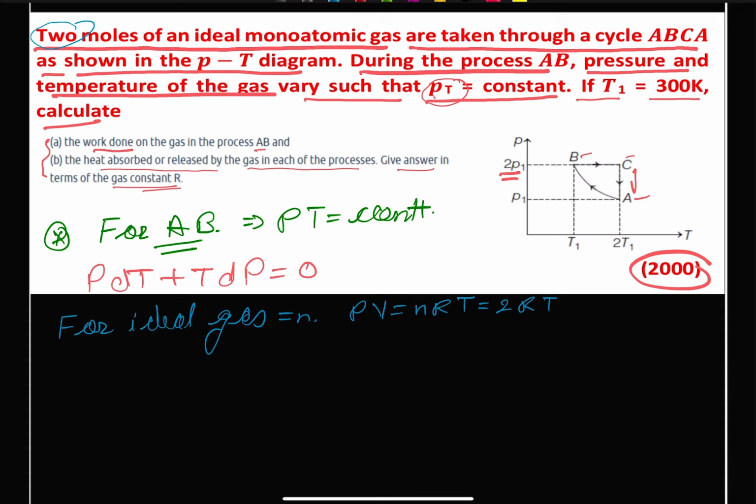Okay. And in terms of pressure we can write that P is equal to 2RT divided by V. Let us keep it as it is, that is going to help us.